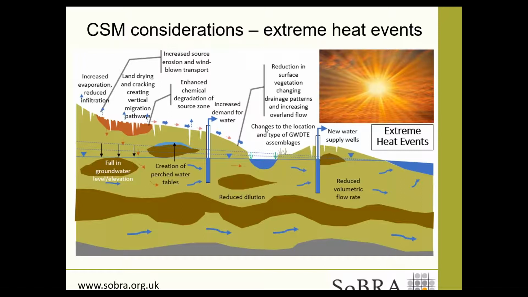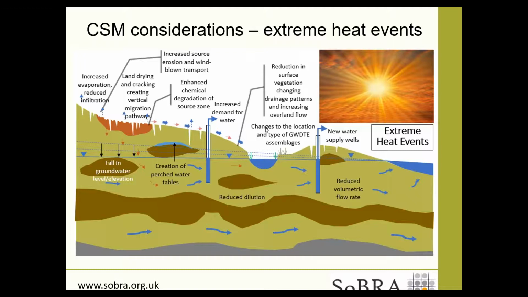You may get desiccation cracks forming, resulting in vertical migration pathways at the surface. You could also get increased source erosion and wind-blown transport. Rivers may start drying up, so your Q95 in the river may decrease, resulting in less dilution potential, and you may also see an increased importance of groundwater-based flow to sustain river levels.